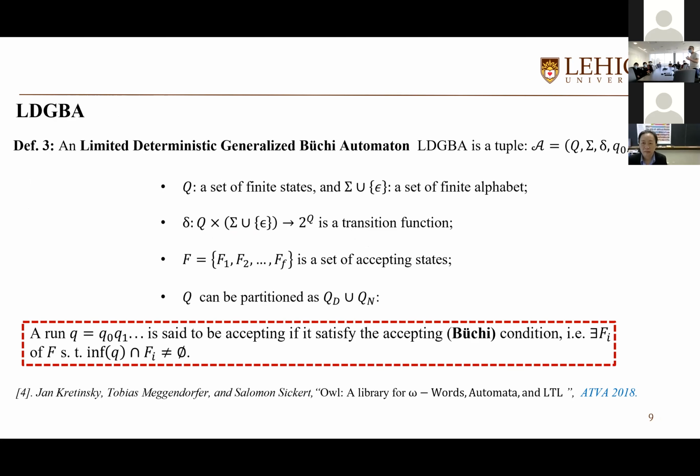The LDGBA is a tuple structure that has finite automaton states, transition functions, and a set of accepting sets. The accepting condition requires that the sequence intersect with all the accepting sets infinitely often so that the task will be satisfied. So we use a graph structure to measure the satisfaction of the LTL formula. That's the basic model checking theory.